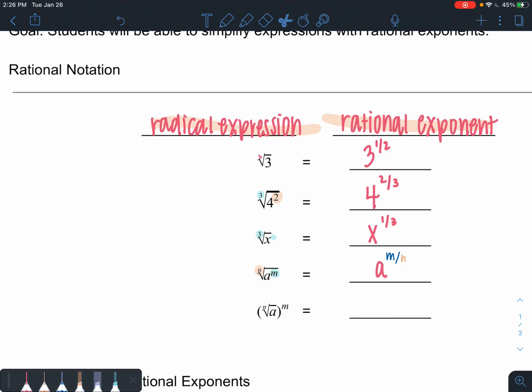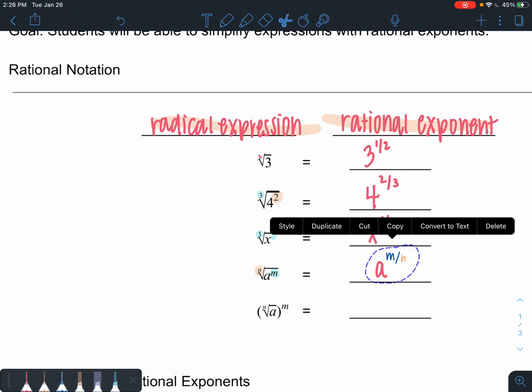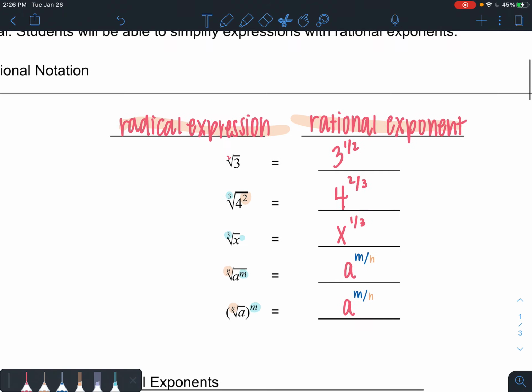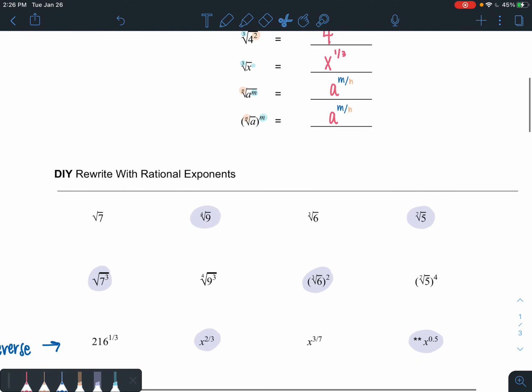And then this is actually the same, because I have an exponent of m, it's just moved to the outside, and still a root of n. So that's just two ways of writing the exact same thing. These actually mean the same thing.